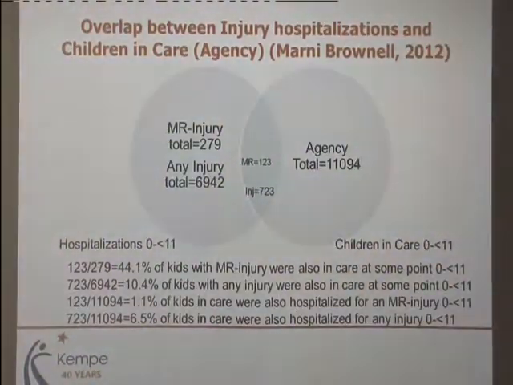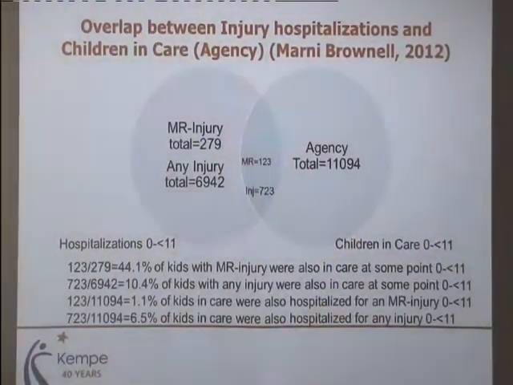This is a similar example from Manitoba, Canada. Basically it describes the maltreatment-related injuries compared to any injuries, and what's known to the Child Welfare Agency in Manitoba, and what the overlap is.